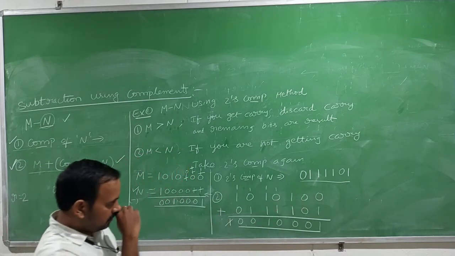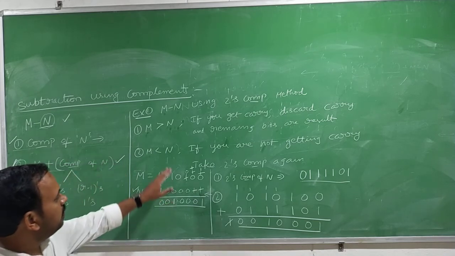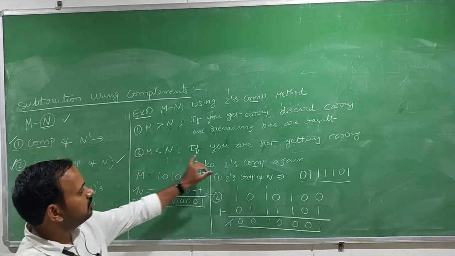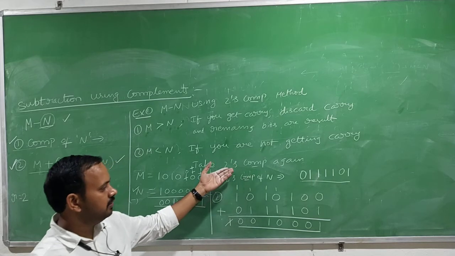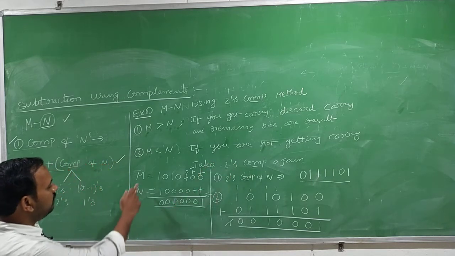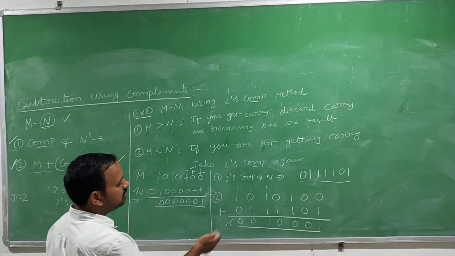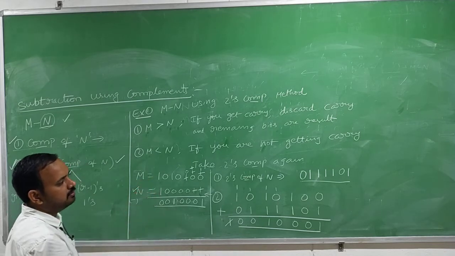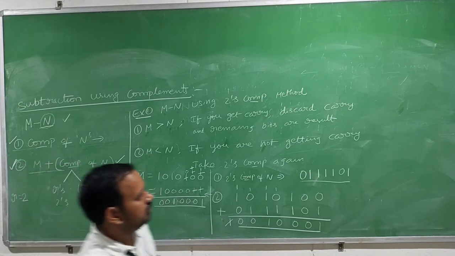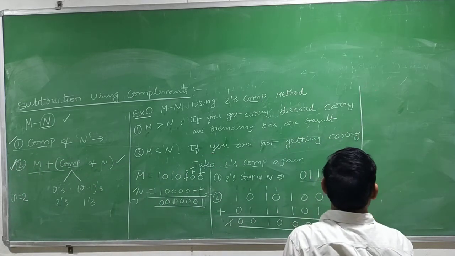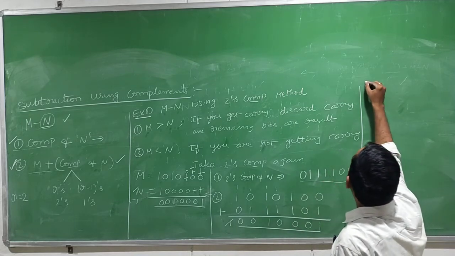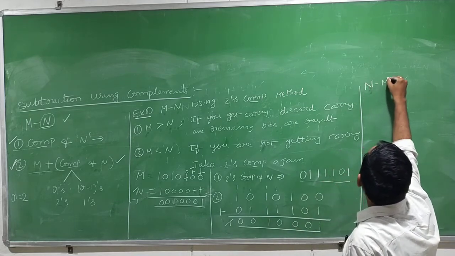Okay, we will see the second case also. Suppose you are not getting the carry, what do we need to do? Here I did m minus n and I got the carry. Suppose I do n minus m, what will I do? We will see that case. Suppose I am performing n minus m, right?